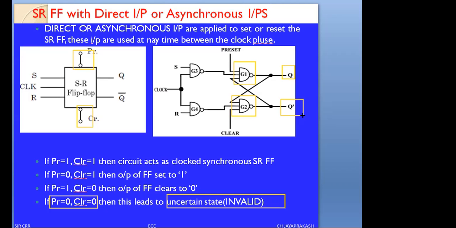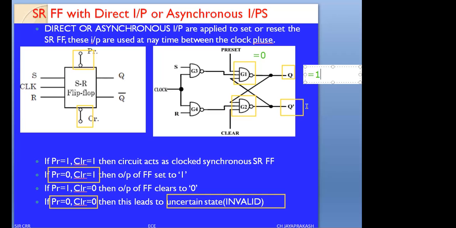But to make this work, we are working in two conditions. The first condition we are discussing is when preset equals 0 and clear equals 1. Apply 0 to preset and 1 to clear. When preset equals 0, this indicates the NAND gate G1 output Q equals 1.